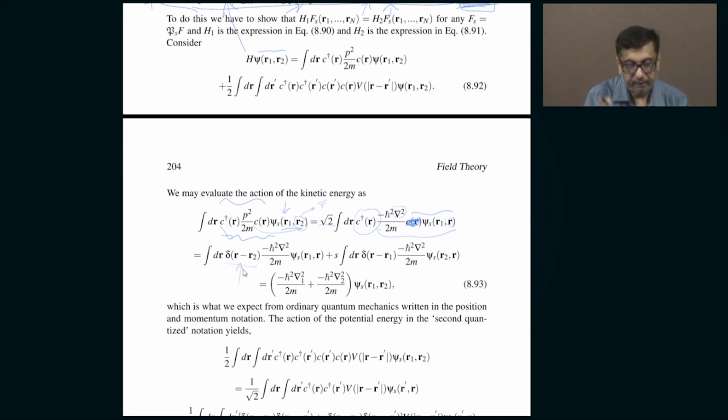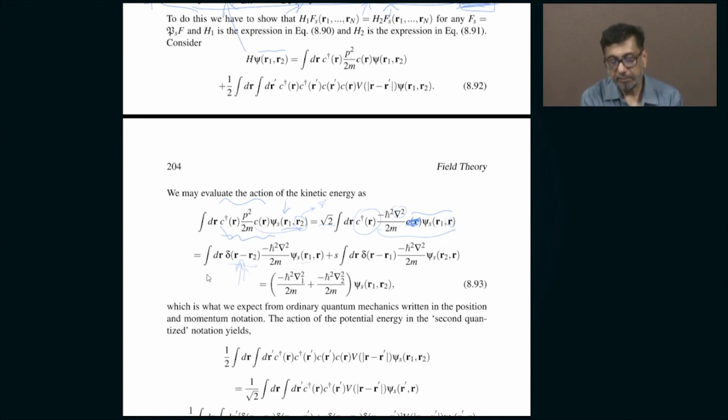I create it by multiplying by delta of R minus R2. So, the point is that when I do this, I end up getting a state which involves... the end result is basically a function of R1 and R2, because now this R is being integrated over.